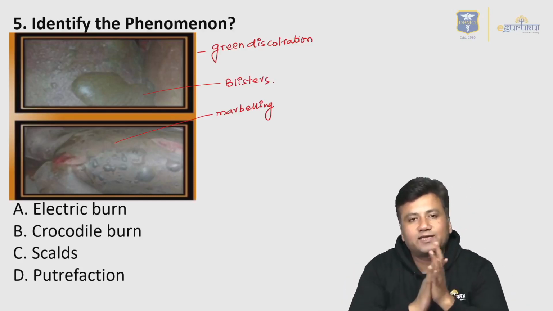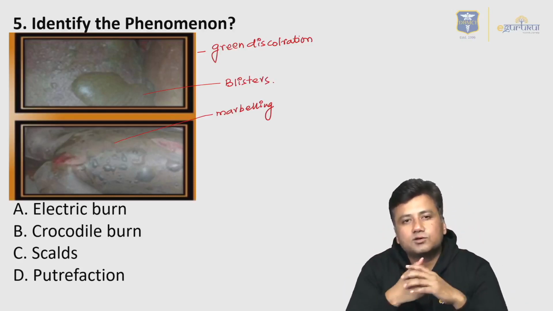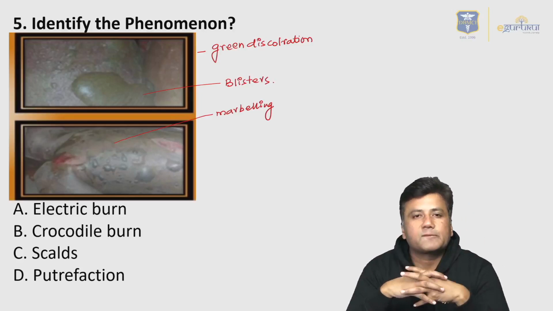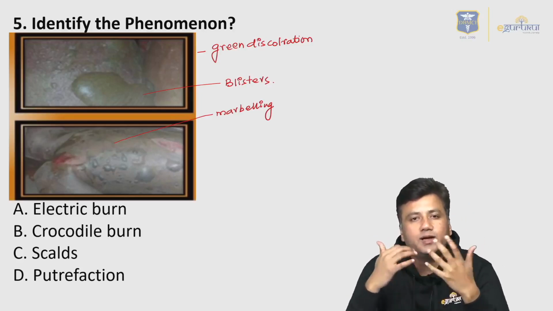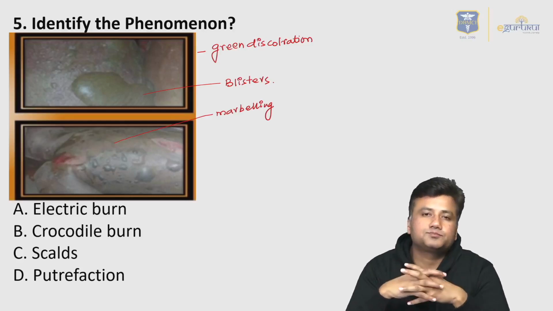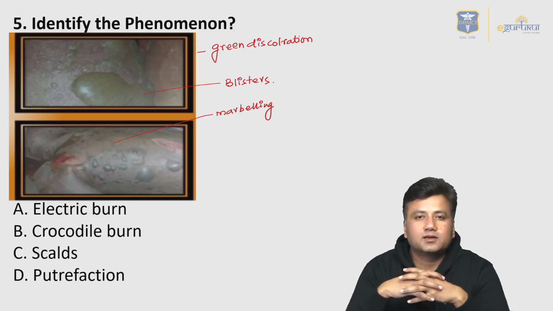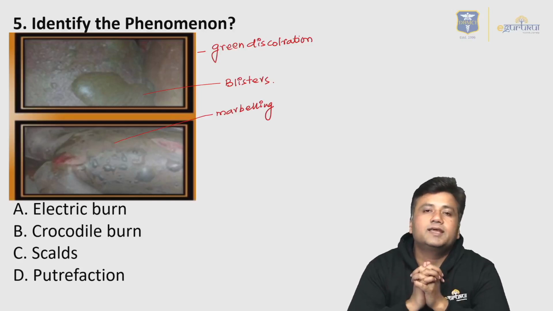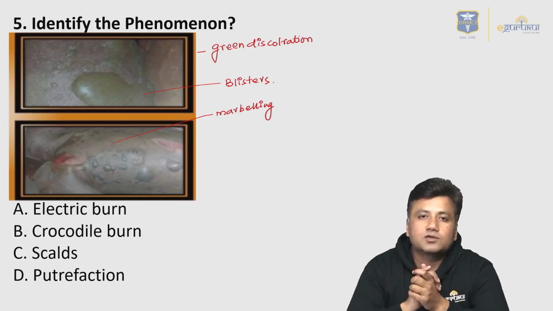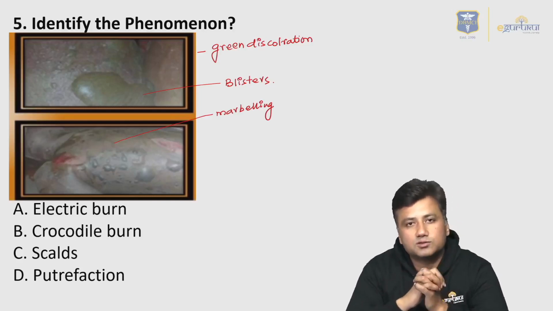Now, actually the presence of blisters onto the body can be a phenomena of scalds, which is basically wet burns. They can be present onto the body in cases of barbiturate intoxication, very commonly called barbiturate blisters. They can be seen in carbon monoxide poisoning also.